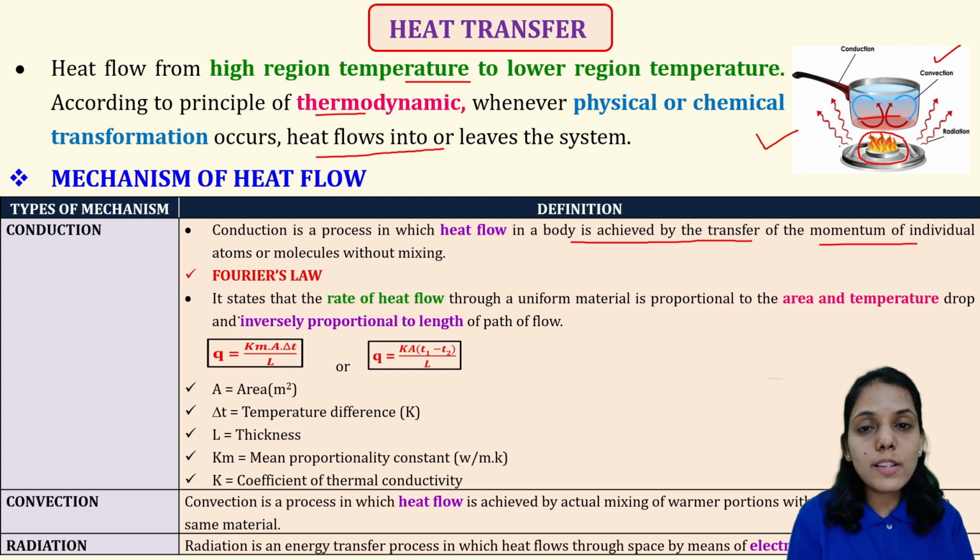Now Fourier's law states that the rate of heat flow through a uniform material is proportional to the area and the temperature. Definitely, the higher the surface area, the higher will be the rate of flow, and the higher the temperature difference between those two points, that is higher temperature and lower temperature, the heat transfer will be more.